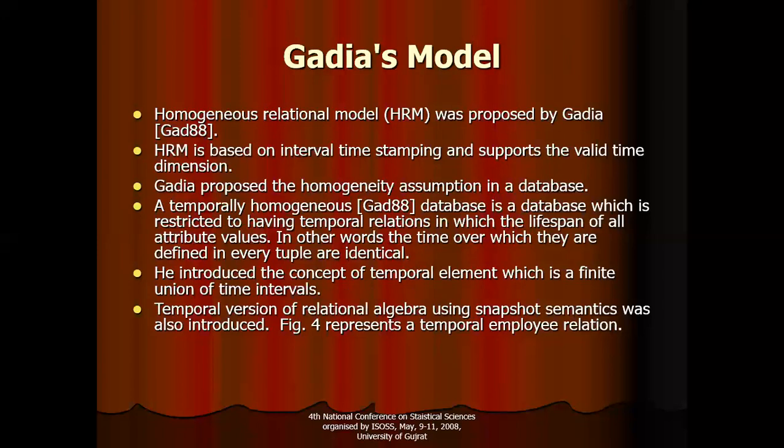Gadia's model is based on interval timestamping. So he introduced a new concept, the concept of interval timestamping. As I discussed previously, whenever models are proposed, you can categorize them as point-based models or interval-based models. So Gadia's model is basically interval timestamping and supports only the valid dimension.